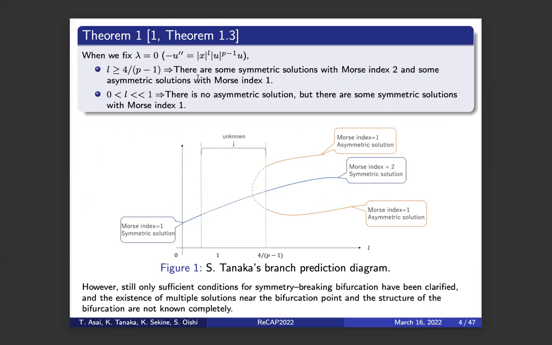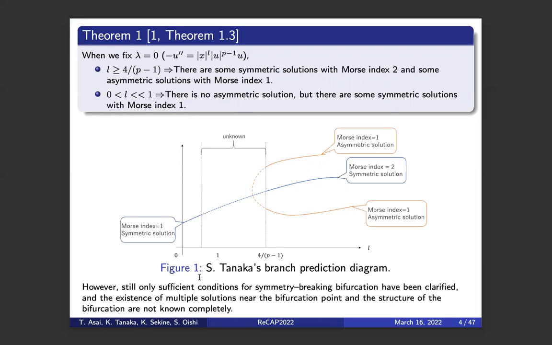According to this theorem, if parameter L and P satisfy that condition, then there are some symmetric solutions. On the other hand, if parameter L is sufficiently small, then there are no asymmetric solutions, but there are some symmetric solutions. This is the bifurcation prediction.